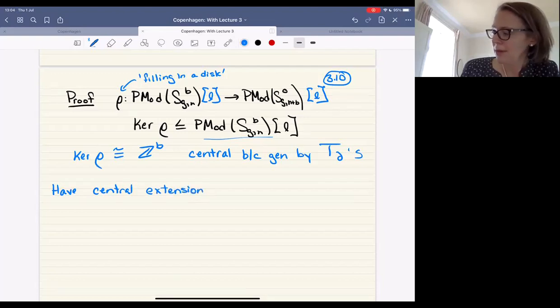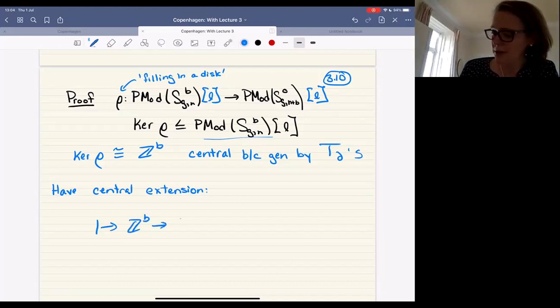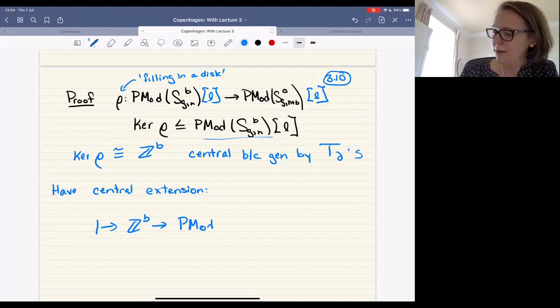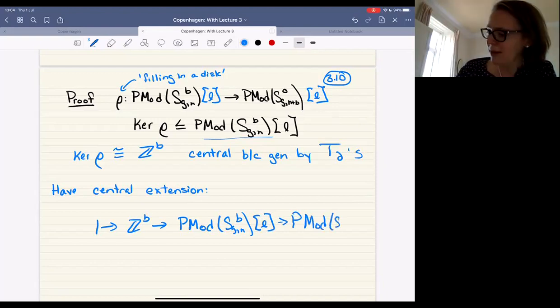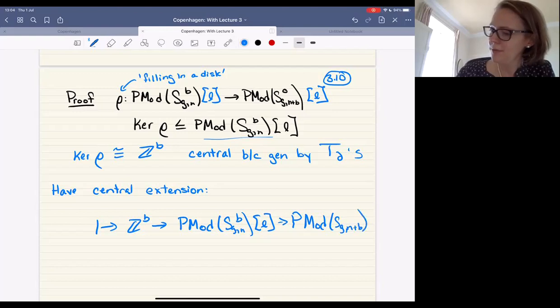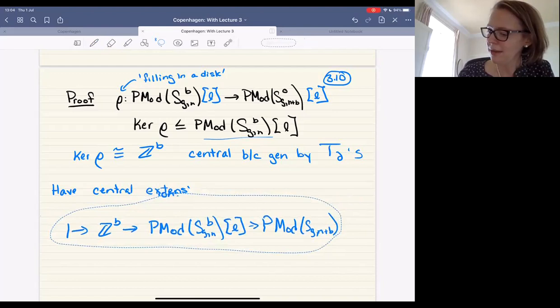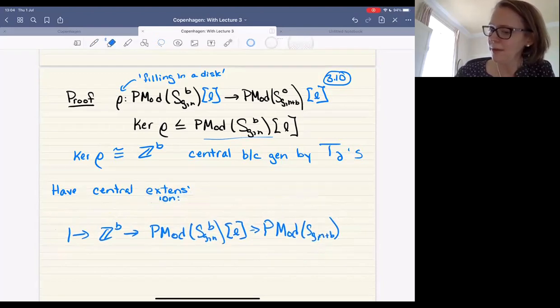Let me just write this down. My kernel is just a bunch of copies of the integers, and I've got P mod S_{g,b}. This gets to be a lot to write out, but it's all important. P mod S_{g,n+b}, and I'm out of room, but luckily I'm on an iPad.